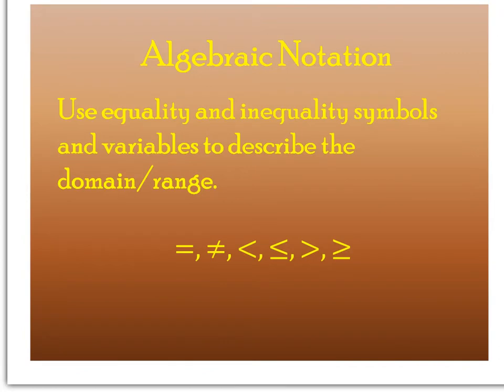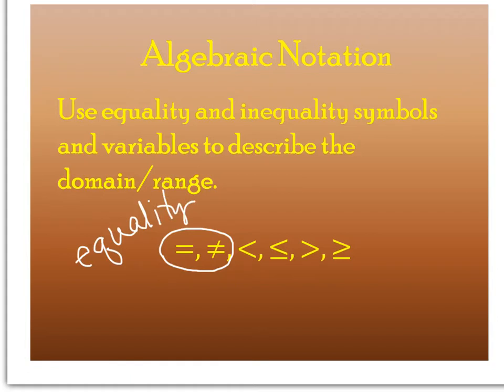Now lift up your algebraic notation tab, and when we write the domain and range with algebraic notation, we are using the equality and inequality symbols and variables to describe the domain and range. When we talk about equality symbols, these right here would be equality.